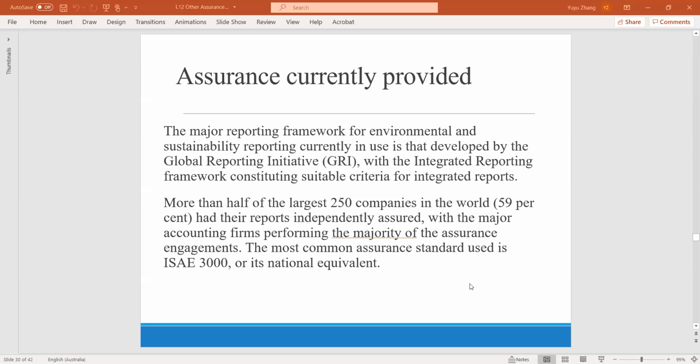If the assurance is done by accounting professionals, accounting firms tend to use the ASAE or ISAE 3000 series as assurance standards. But if it is done by other industrial consultants, they have the flexibility to use ISAE 3000 or other standards for their assurance service, for example, ISO 900.